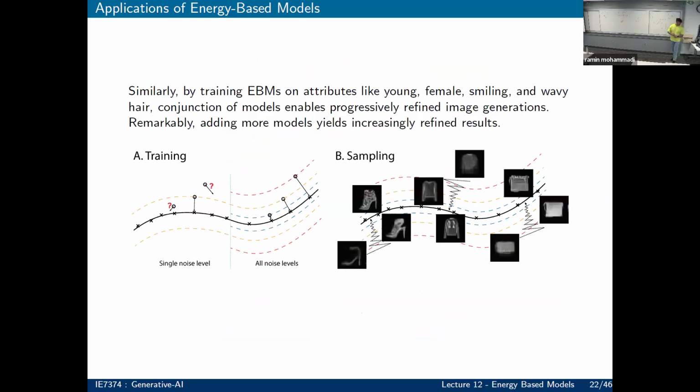Now, the overall idea is that for an energy-based model, you have training and you have sampling. There are two different things. On the left image, there are two parts: single noise level and all noise levels.